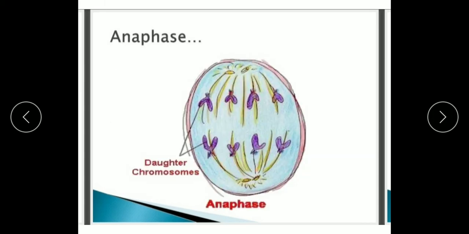See that it is the anaphase stage of cell division. The chromosomes split; the chromosomes were arranged at the equatorial region.